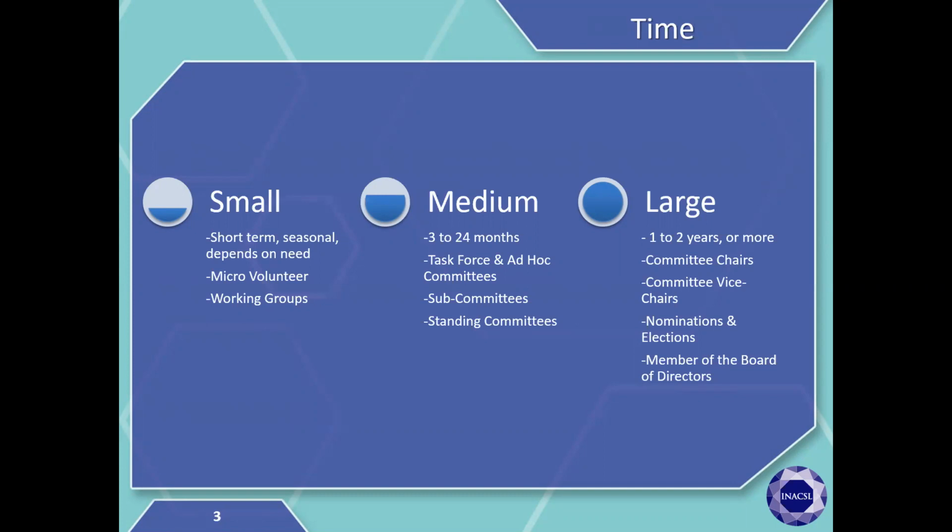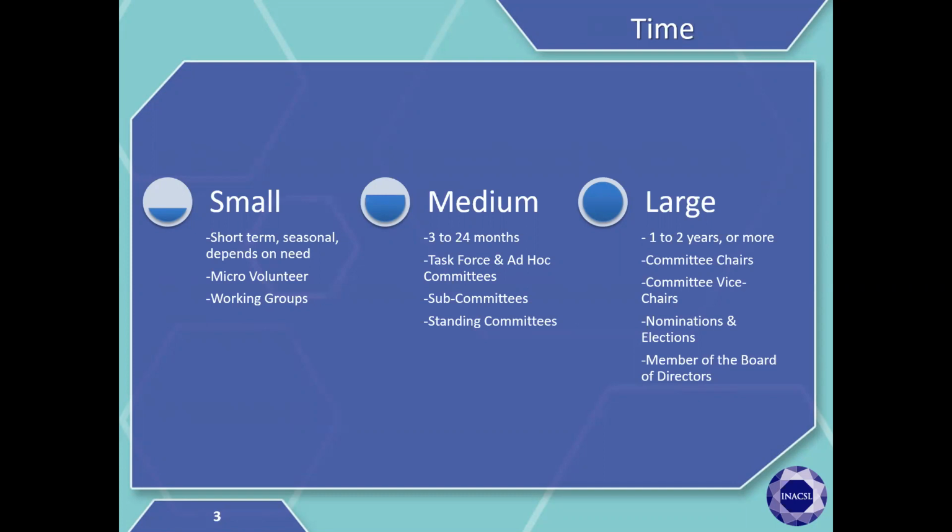For all of the subcommittee and standing committees, people would commit to a 2-year term, and at the end of a 2-year term, they can decide whether they wish to stay on the committee for an additional 2-year term or rotate off of that particular committee. An individual is asked to serve no more than 4 years on a specific committee.